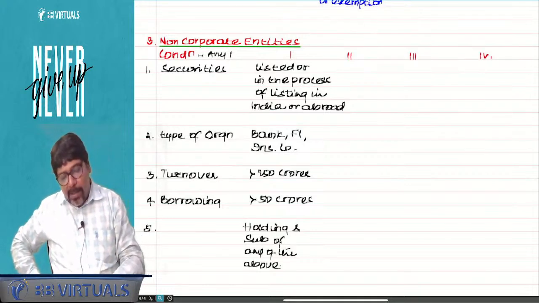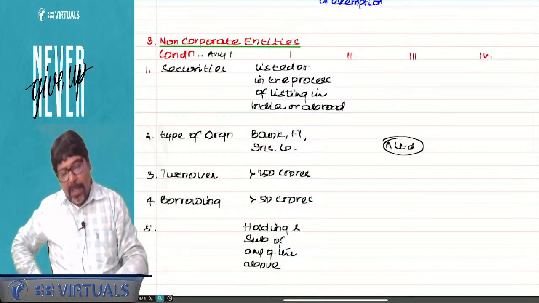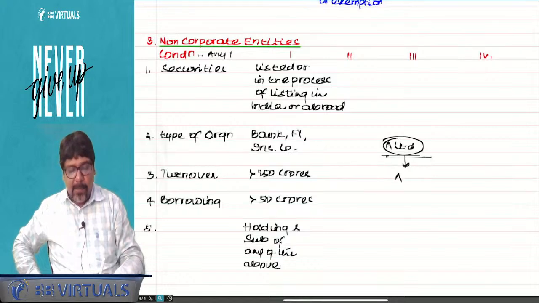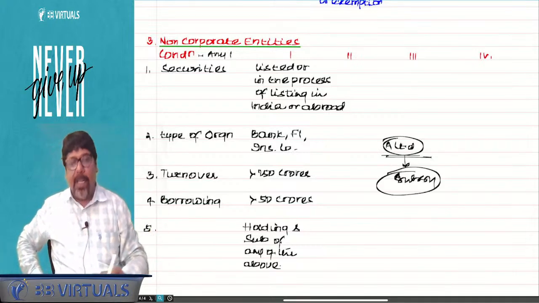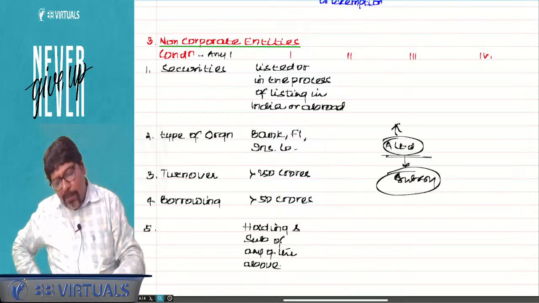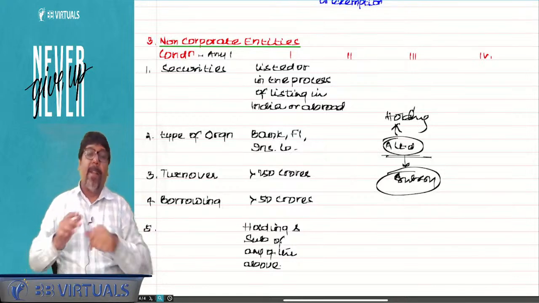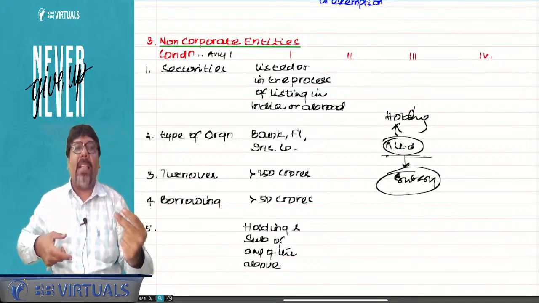For example, A Limited. A Limited has got a turnover of more than 250 crores. Yes. That means A Limited is level 1. Subsidiary of A Limited, chartered, which has not fulfilled any condition, still it will be considered level 1. Holding company of A Limited, whether fulfilled any condition or not, will be considered level 1 entity. Am I clear? So if you are level 1, your subsidiary and your holding will be considered as level 1.